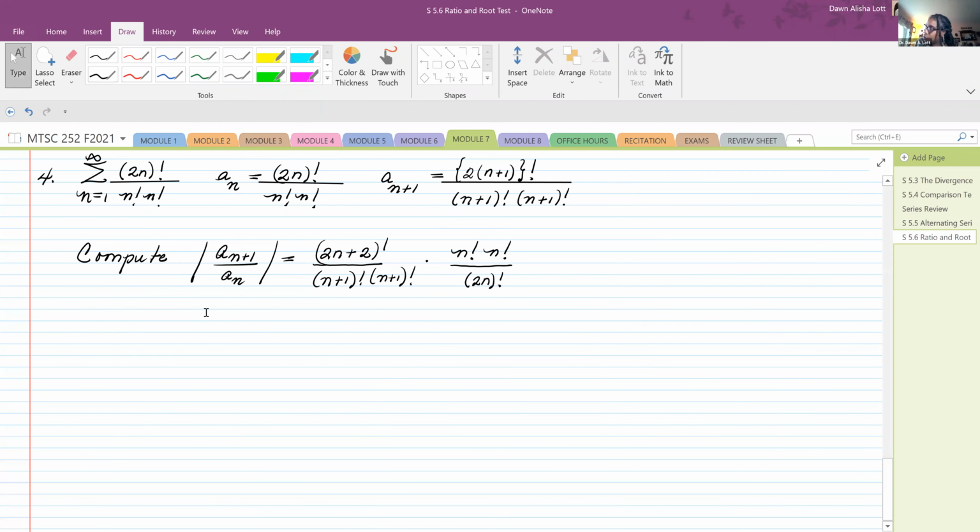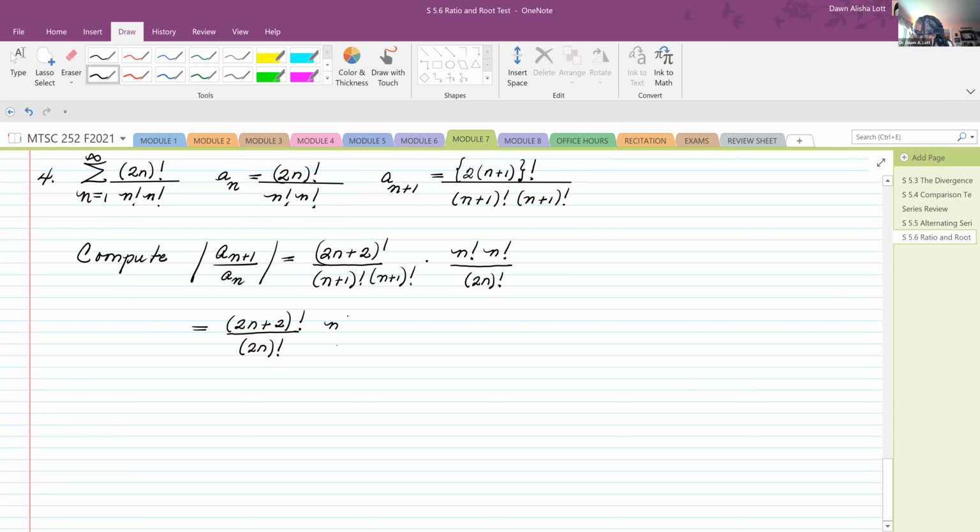All right, so I'm now going to put the (2n+2) factorial over top of the (2n) factorial. Zoom is really giving me grief these days. I don't know why. Okay, then I have n factorial.